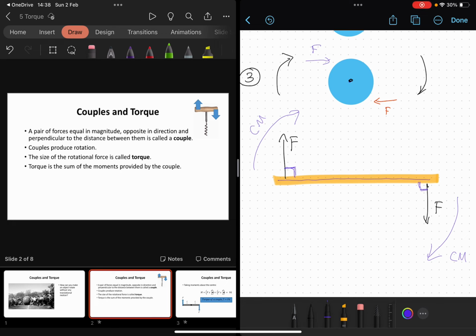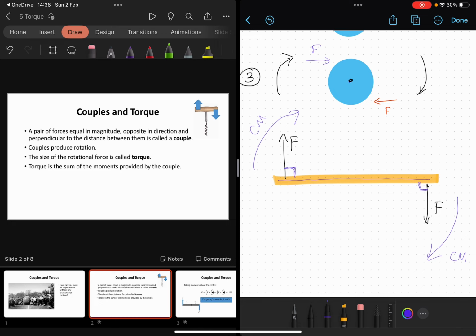And this is one area that distinguishes torque from moments more generally, because when we applied the principle of moments, we always had some anti-clockwise moments and some clockwise moments, and they were equal to each other, weren't they? Equal and opposite moments. Here, we've only got clockwise moments, and that's going to lead to clockwise rotation.